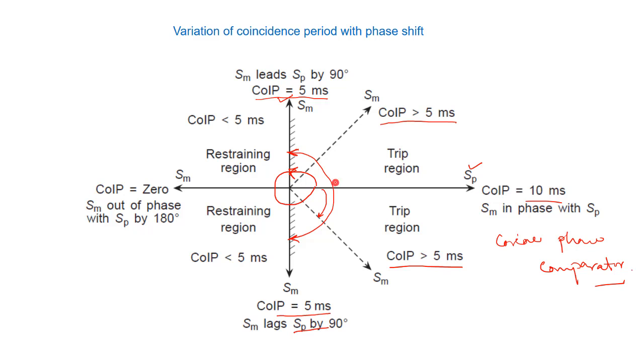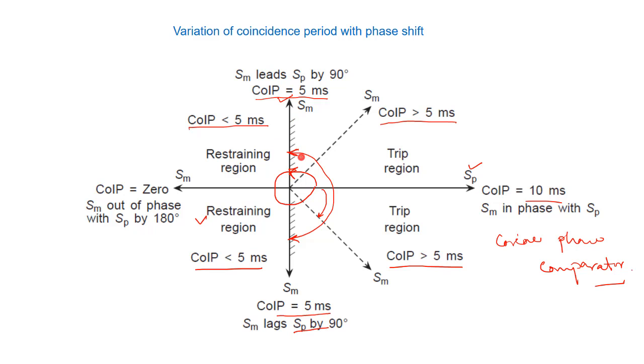When it becomes less than 5 millisecond, then we say that it is restraining. From this coincidence period, in fact, we will design the circuit. Now if we look to the left side of this vertical axis, the coincidence period will obviously be less than 5 millisecond, and this is the restraining region.